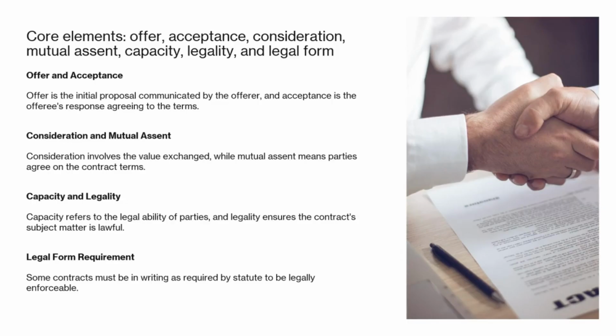Capacity is the legal ability of parties, as in not minor children and not lacking mental capacity, and this ensures that the parties could make the agreement. Legality ensures the contract subject matter is lawful. You can't make a contract for an illegal activity.